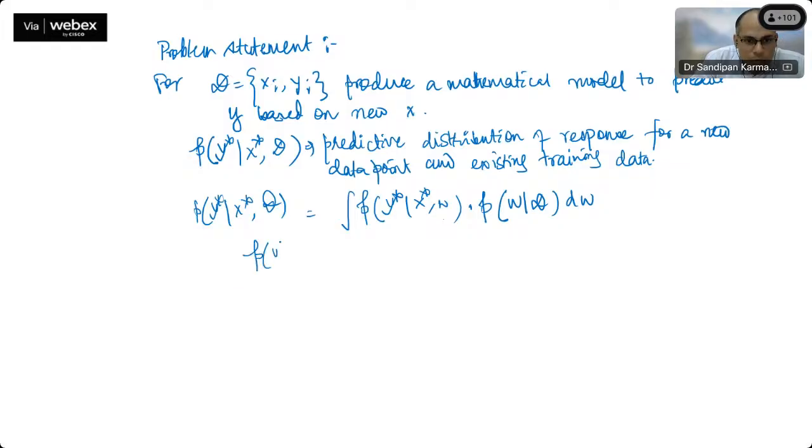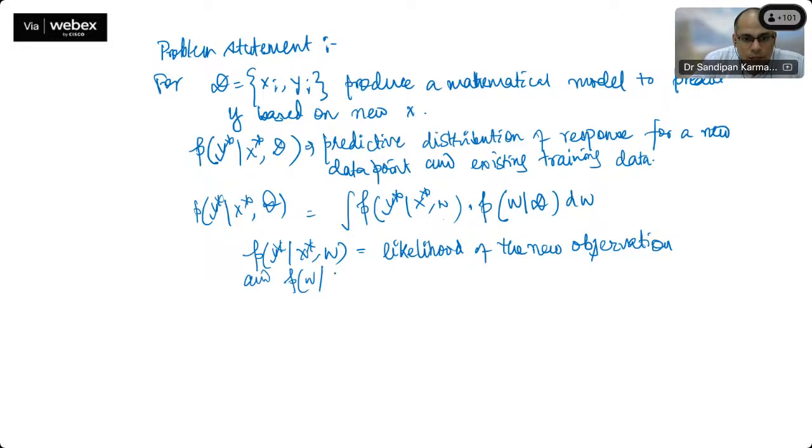Now p of y star given x star comma W is the likelihood of the new observation, and p of W given D is the posterior of W. So you are marginalizing out W, and you can find the predictive distribution.